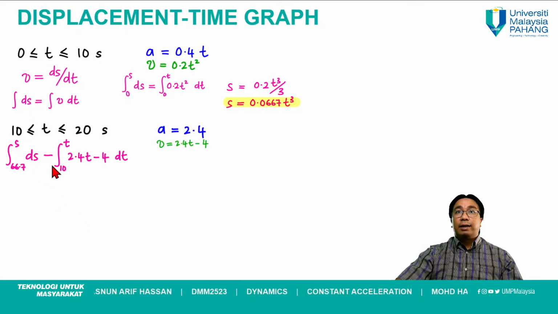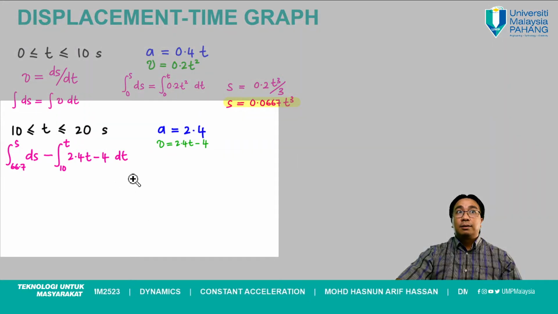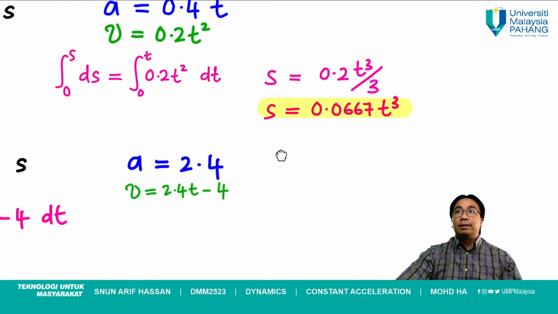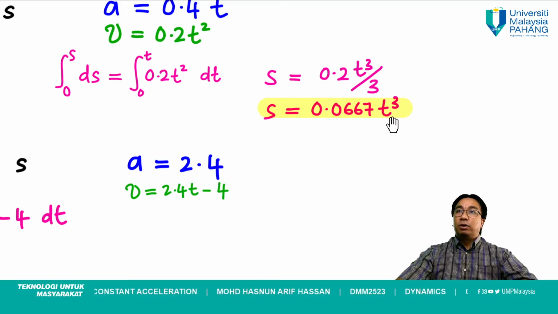Now, let's use this equation again. Okay. And now, notice the lower limit sekarang ni. Mana you dapat lower limit 66.7 ini ialah dengan kita gantikan dalam ini. Pada T equals to 10, you akan dapat 10 to the power of 3.